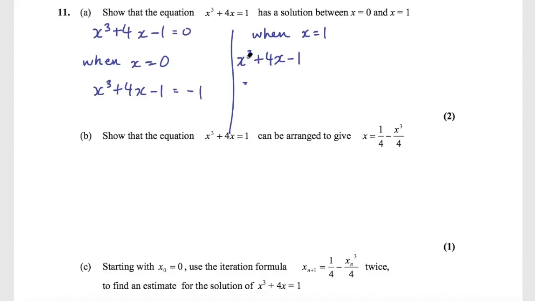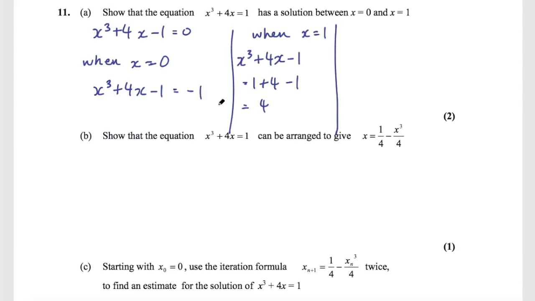If we substitute 1 in here, that would be 1 plus 4 minus 1, and well, that will be 4. So when x equals 1, this expression equals 4, and when x equals 0, it equals minus 1.